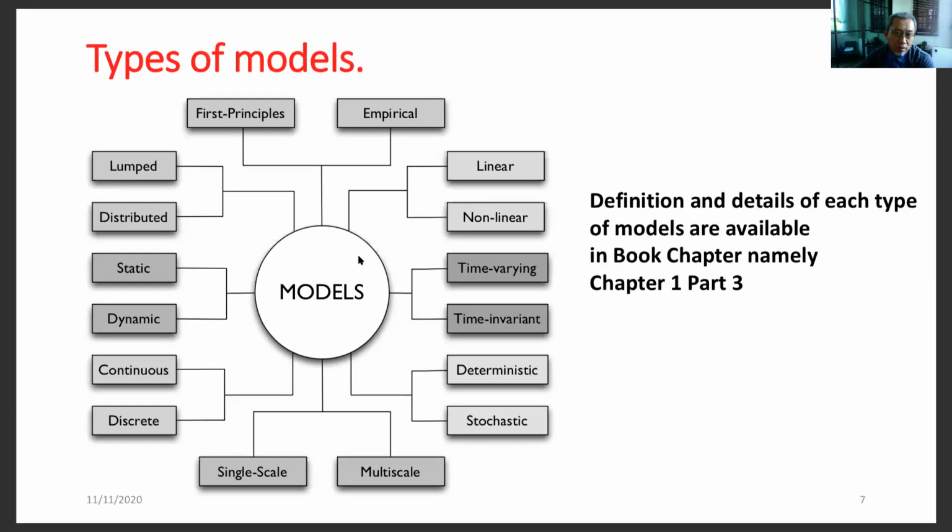So I can say that after chapter 1, chapter 1B, and chapter 1A, models can be categorized as first principle and empirical. First principle means based on derivation, based on the laws of physics and chemistry, compared to empirical, where we just capture the input, output, and disturbance, then construct the model.